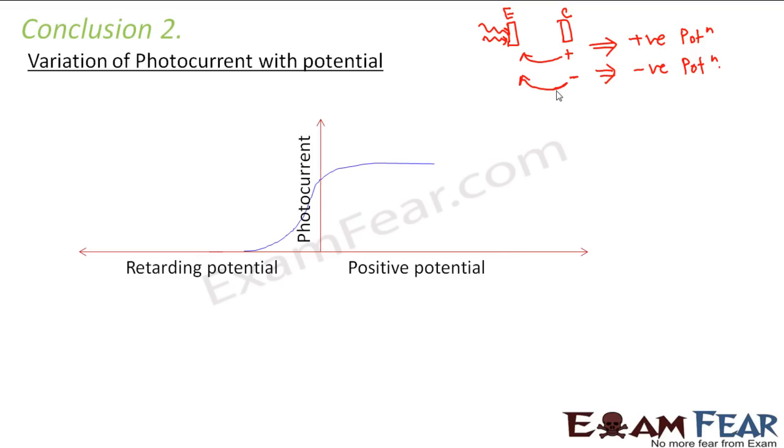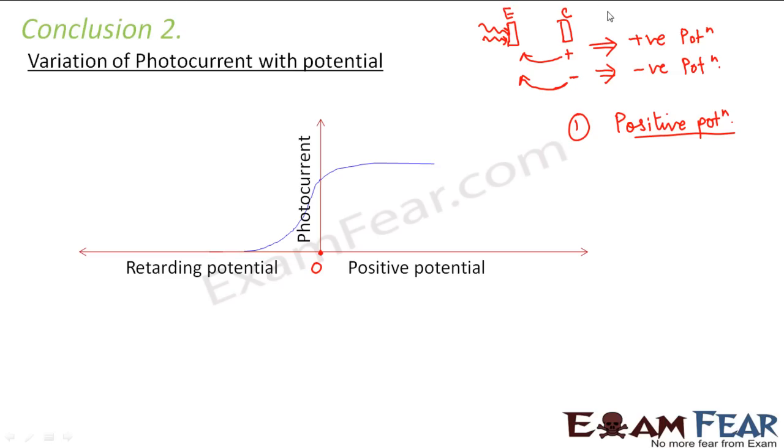Now, this was how it looked. If we plot a graph, this is my origin. First consider the scenario of positive potential, that means the collector is at positive potential with respect to the emitter.